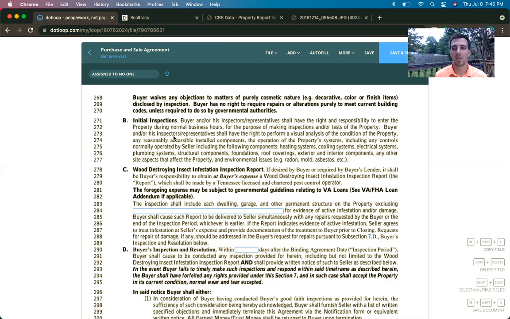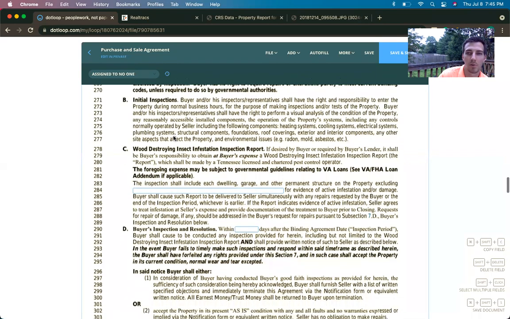This inspection contingency does not mean a buyer can start drilling holes in walls, breaking stuff, damaging stuff to get to other items. So this is a visual inspection or systems that the inspector can access. So just important to remember, if your buyer shows up on inspection day with a hammer, please be concerned.